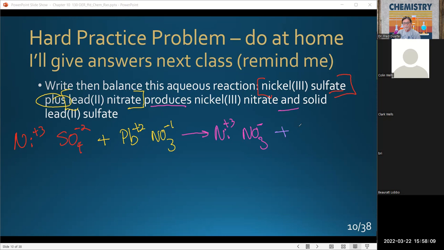So we have lead 2, which is Pb +2, plus SO4 -2. Okay, and it's a solid when we put them together properly.